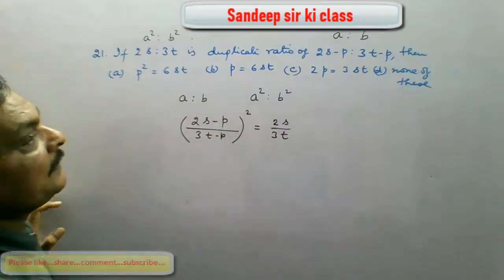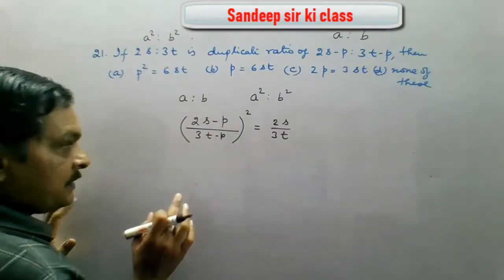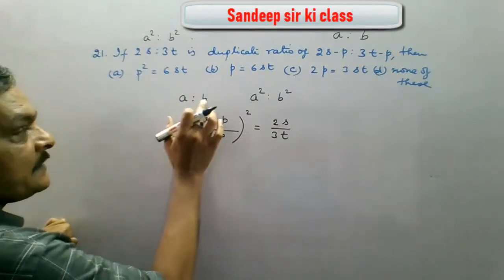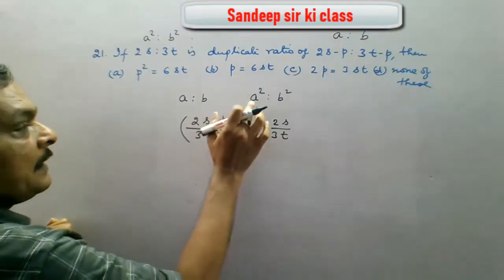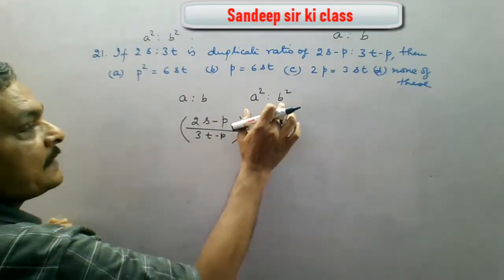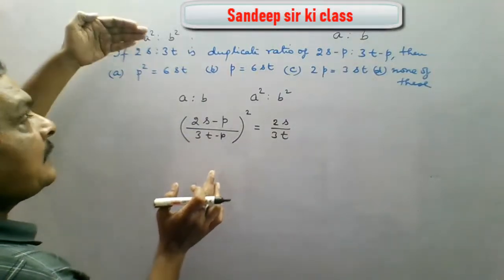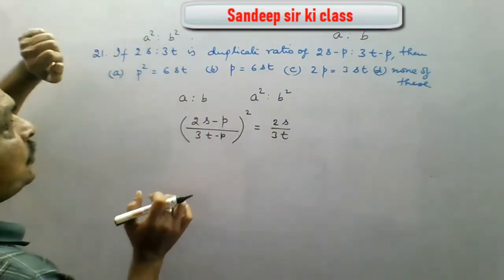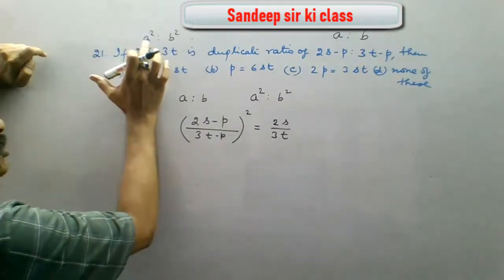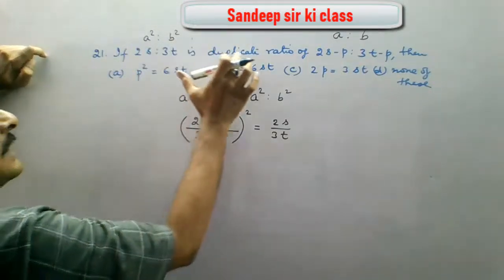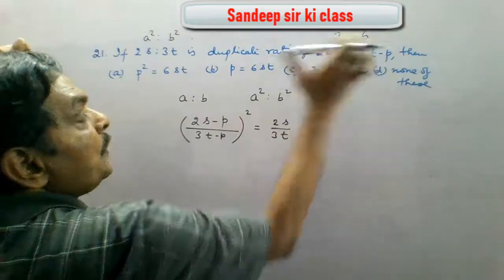Once again, we will understand it. See, if the ratio is a is to b, then a square is to b square is the duplicate ratio. So if I write it here in front of the question, a square is to b square is the duplicate ratio of a is to b.